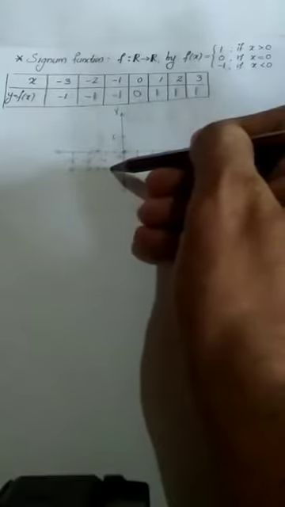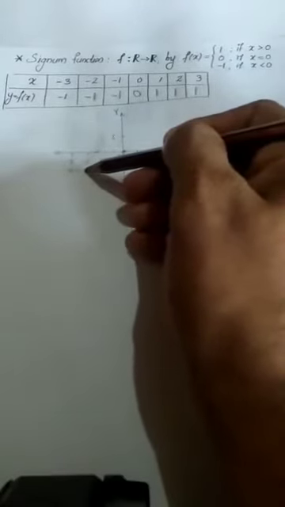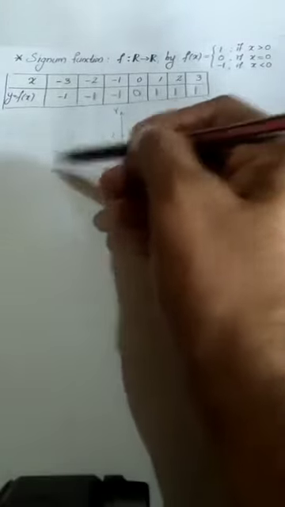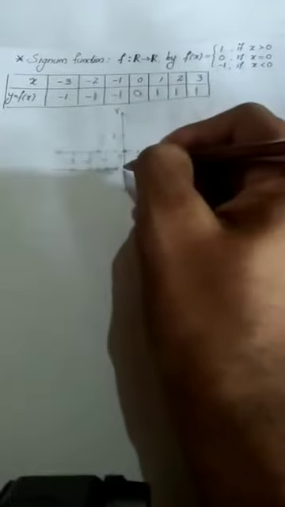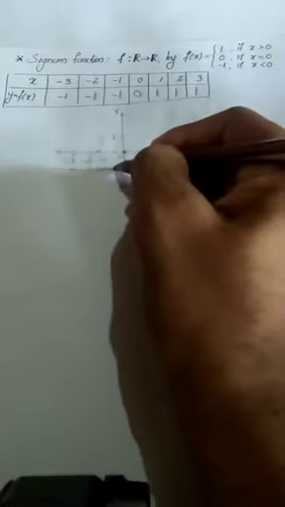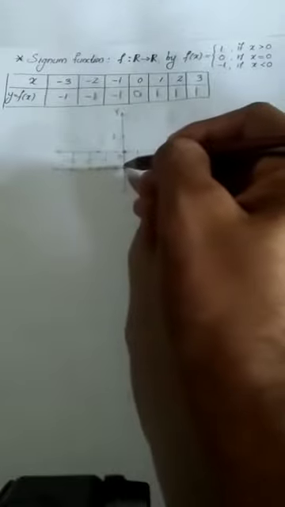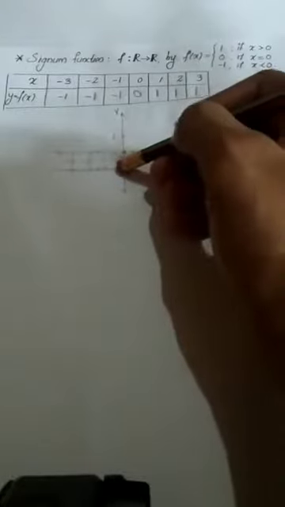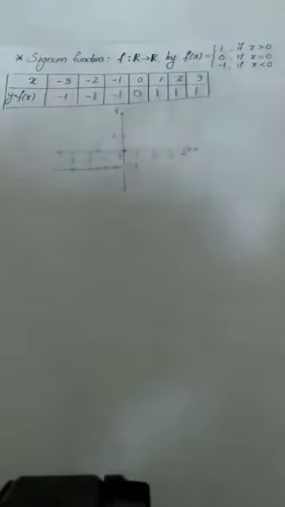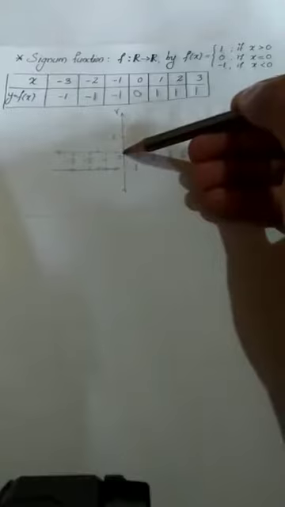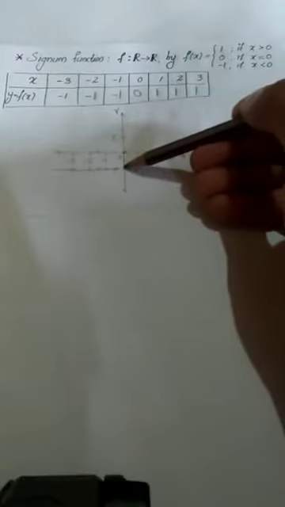So this is like this. We will get a straight line, but it is excluding the point at minus 1, because if x equals 0, the value is not minus 1, it is 0.